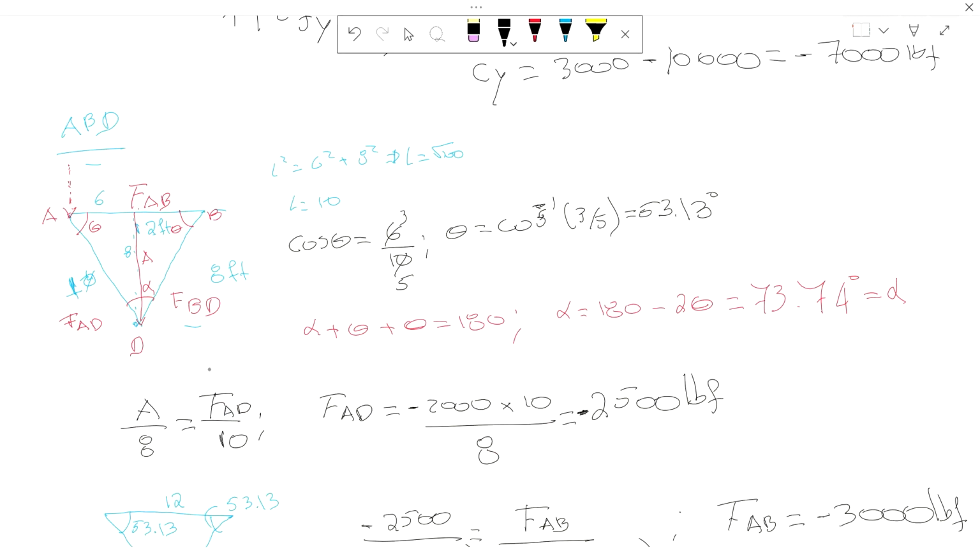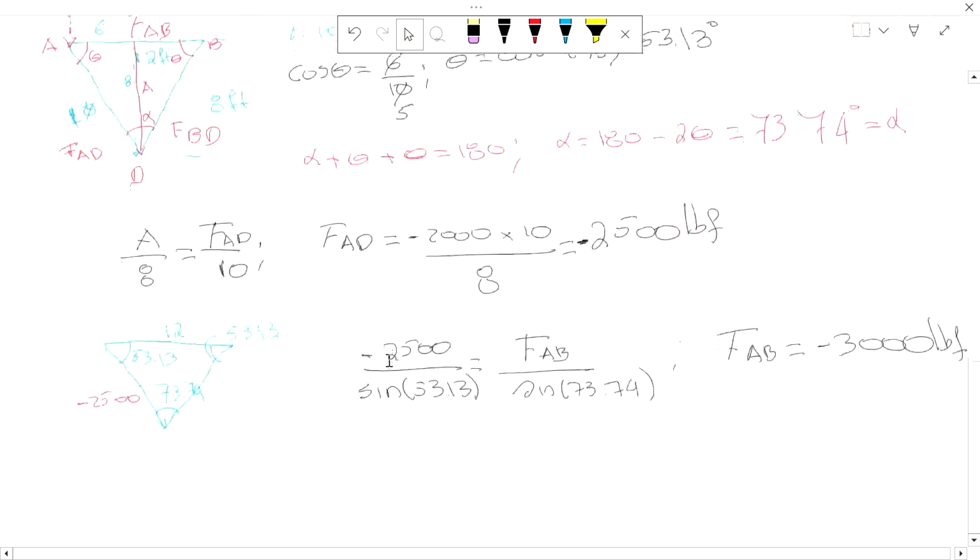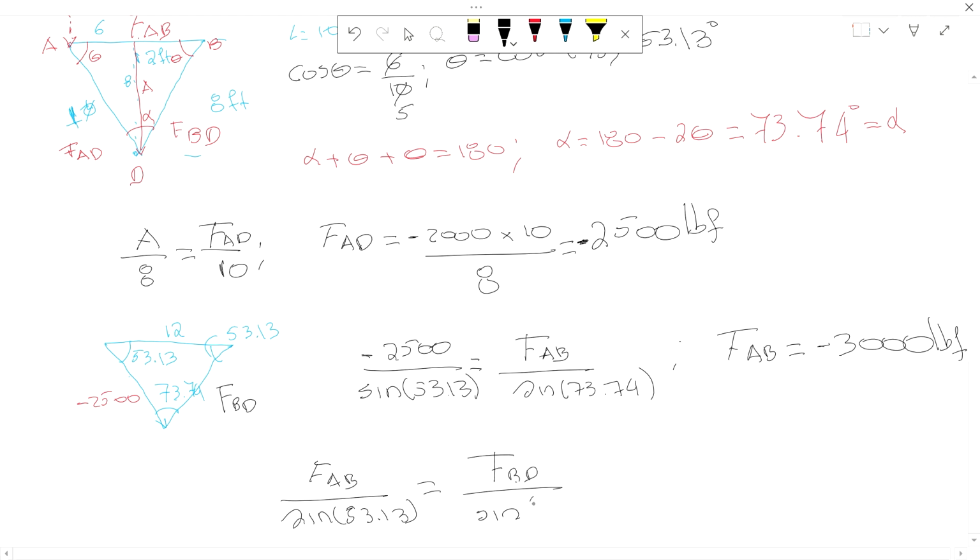Then we're missing F B to D. Oh, and this one is pretty simple. I can already see why. Let's use negative 2,500. The ratio of F A to B with respect to the sine of 53.13 has to be equal to F B to D with respect to the sine of 53.13.